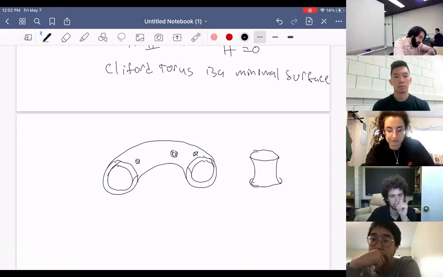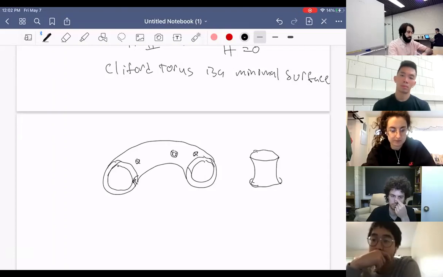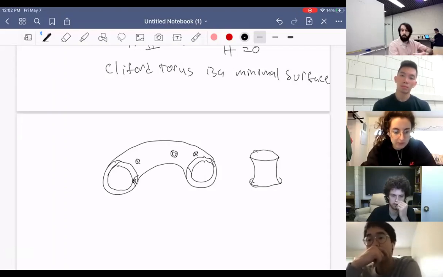And then they show that the mean curvature of these is very close to 0, but not exactly 0, because they had to glue them, and the gluing made them a little bit off from 0. And also, neither of these two were actually Clifford tori.